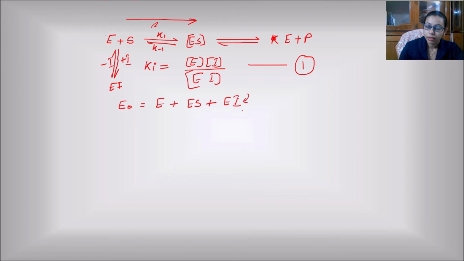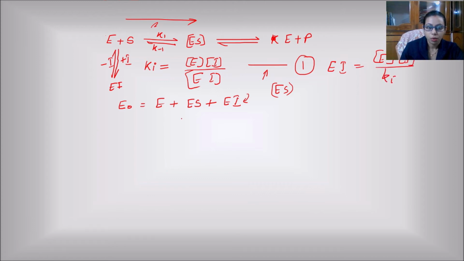Similar to the derivation which we have seen in the Briggs-Haldane equation, we will calculate for the ES species. Before that, we will proceed in the same way. But here we have one more species of the enzyme, EI, so we can replace this EI using equation 1. As per equation 1, EI will be E into I by Ki.